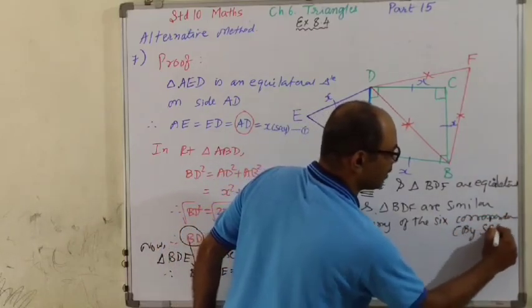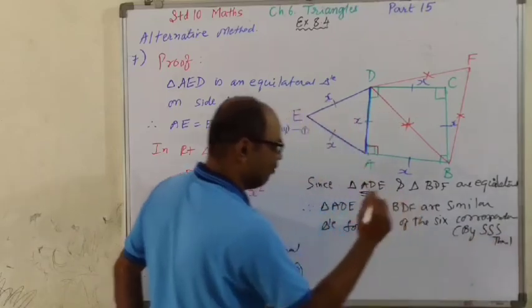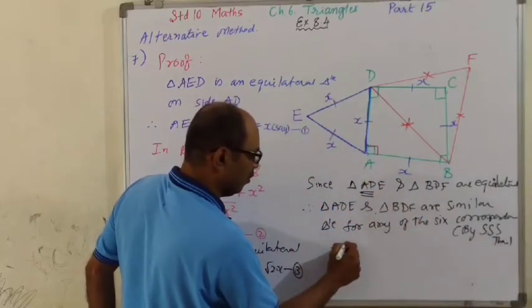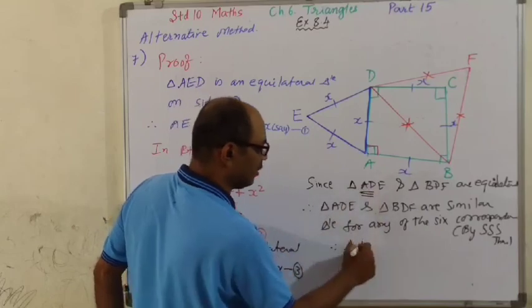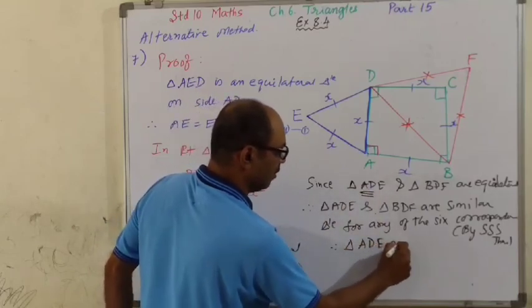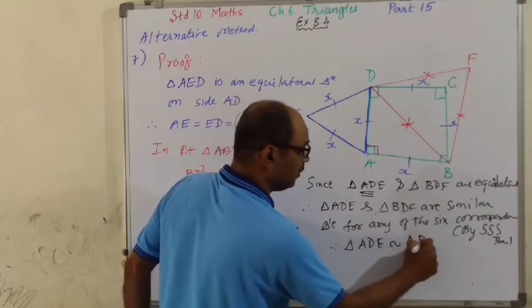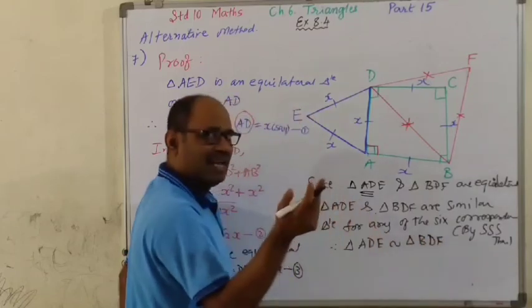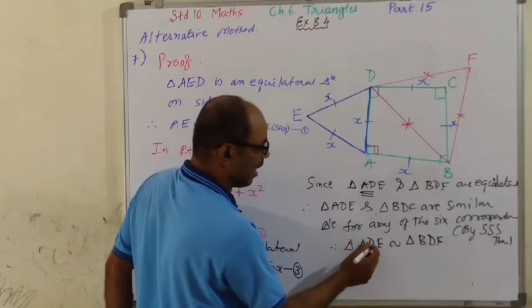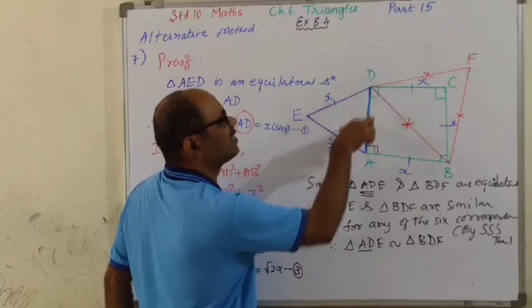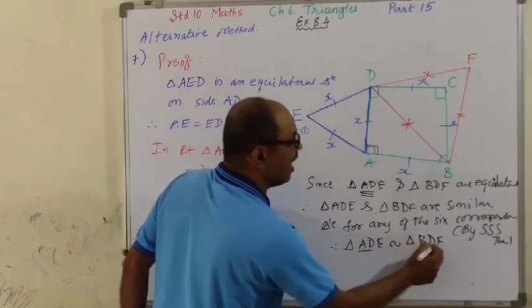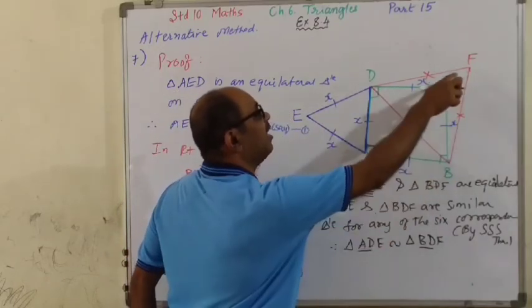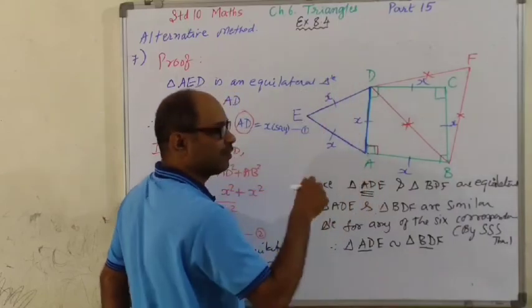By SSS theorem. That's it. So now you can write any. Therefore, triangle, I'm taking this only, ADE, similar to triangle BDF. You can take any, but I made sure AD, which is the base of the blue triangle, is the side of the square, and DF, which is also the base of the red triangle, is the diagonal of the square.